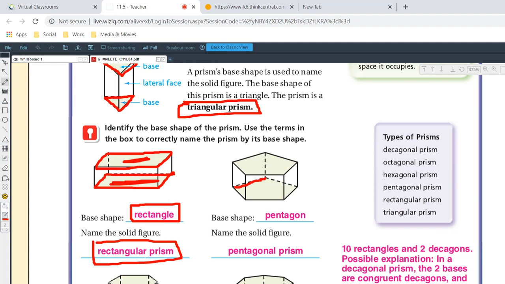We have 1, 2, 3, 4, 5, so we have 5 sides, and a 5-sided shape is called a pentagon. So we call this a pentagonal prism.